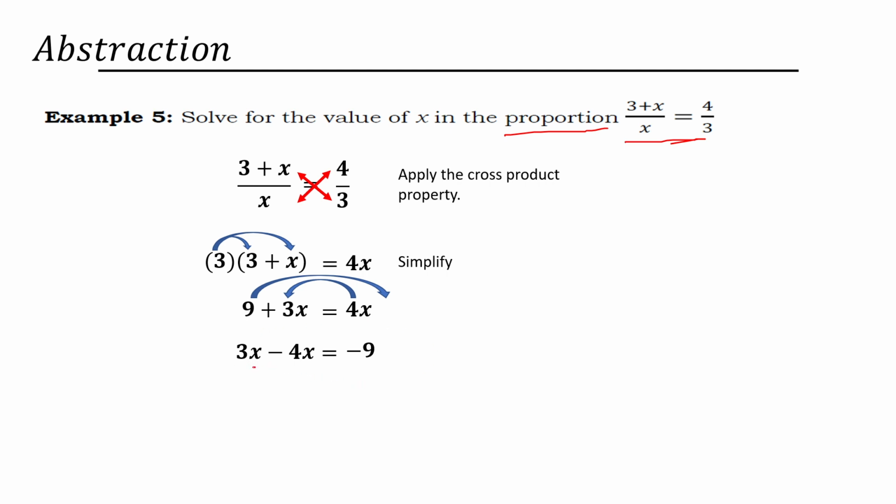So, 3x minus 4x is equal to negative x, and that is equal to negative 9. Divide both sides by negative 1, or multiply both sides by negative 1. Negative times negative becomes positive. So x is equal to 9. So the value of x is 9, using the cross-product property.